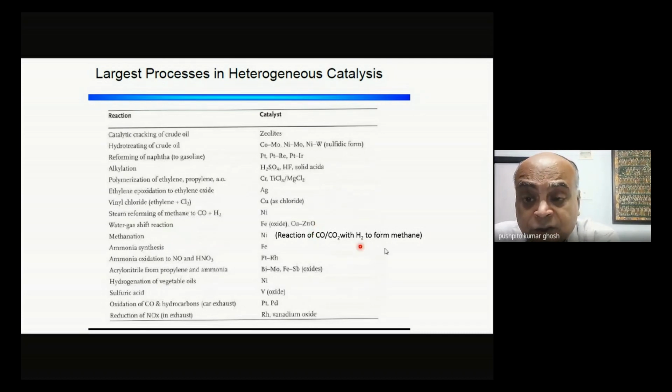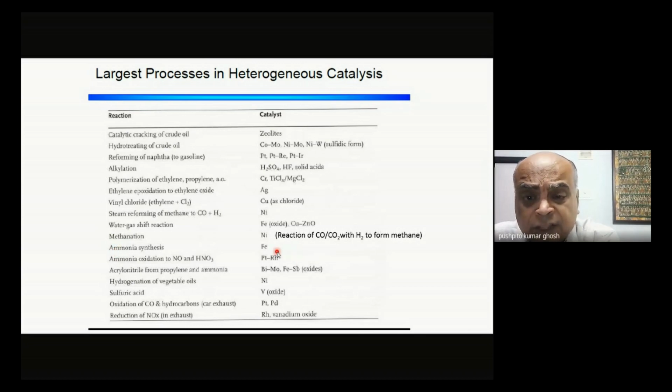This reaction will probably increasingly become important in the years to come: if I can reconvert carbon dioxide with hydrogen, maybe generated through electrolysis of water, back into methane. Once I've got methane, then the sky is the limit in what all I can make. I can make anything from methane.